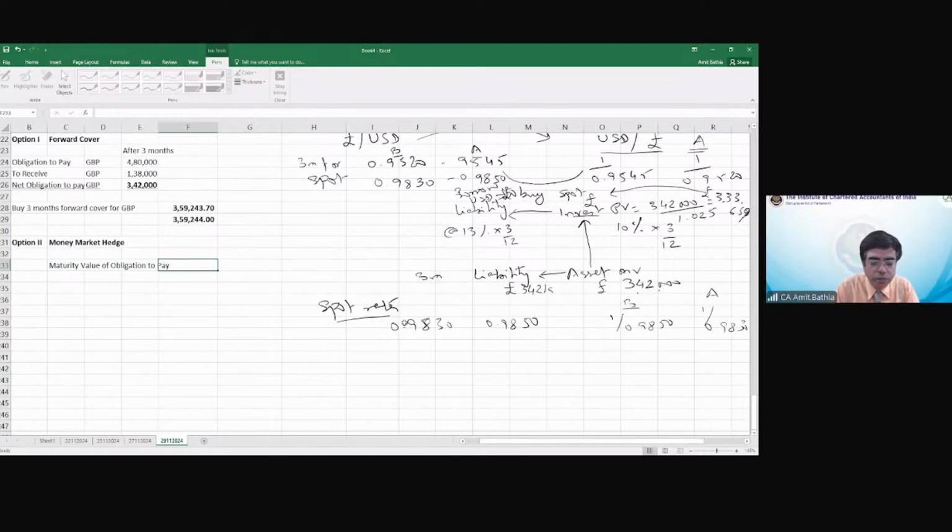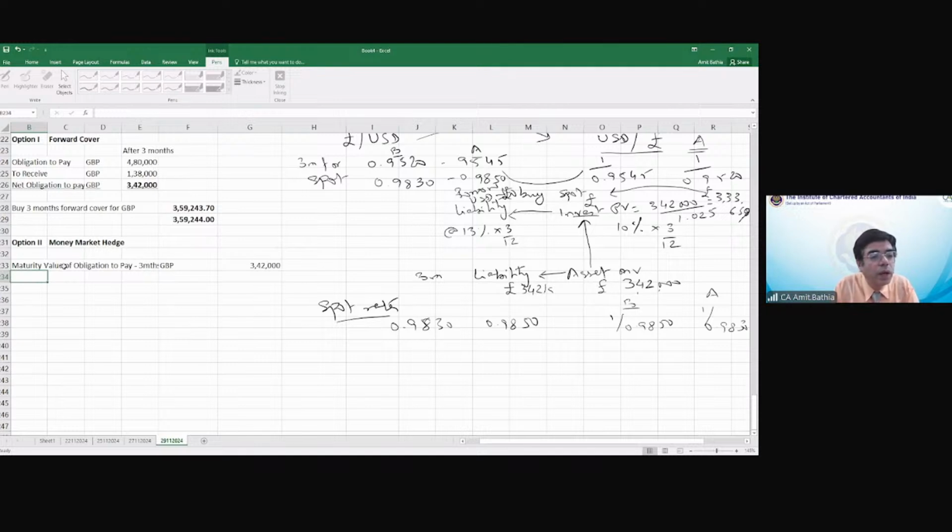Am I right? GBP 342. This is 3 months later.